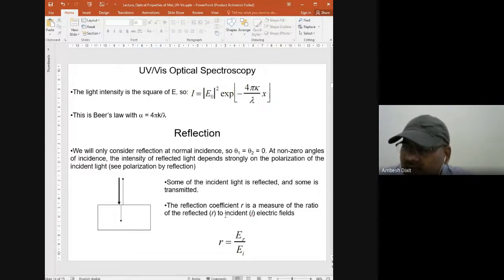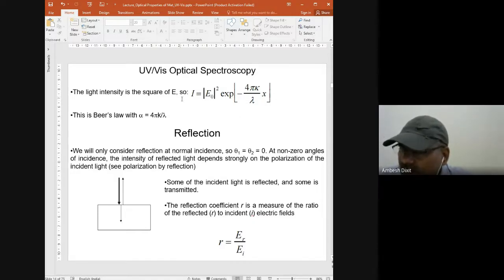Now remember, we started with the expression that as we move, dI over I is proportional to the distance traveled x. That gave I is equal to I naught e to the power minus alpha x.